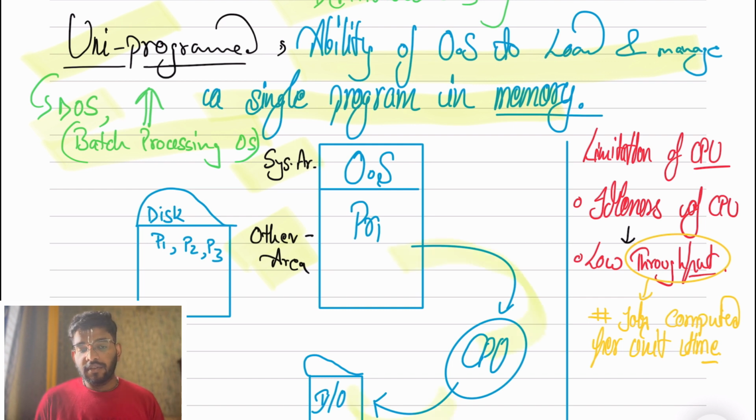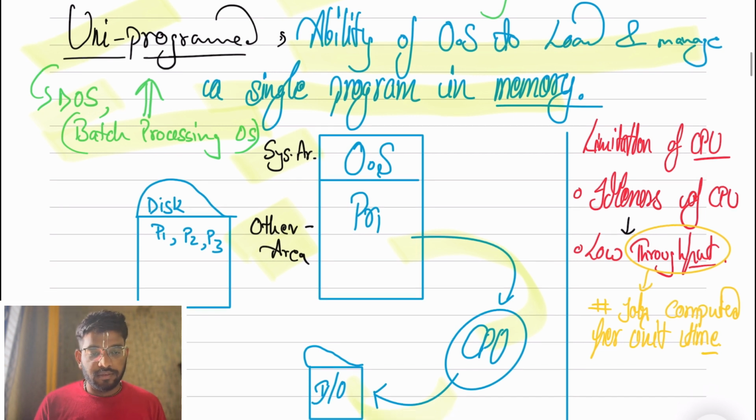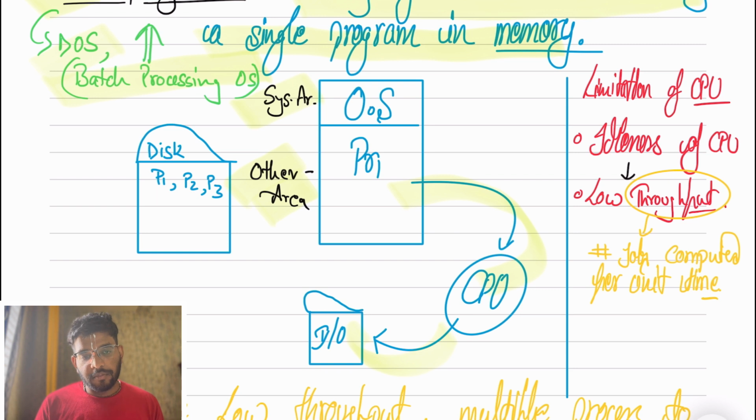While the disk may contain more than one program, only one process is present in memory. I might have used the terms program and process interchangeably, but I have already clarified the difference between these two in my earlier part.